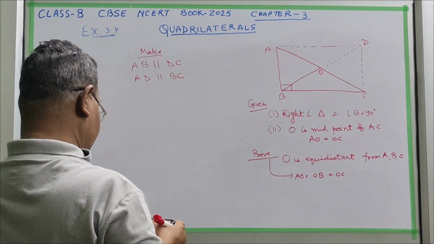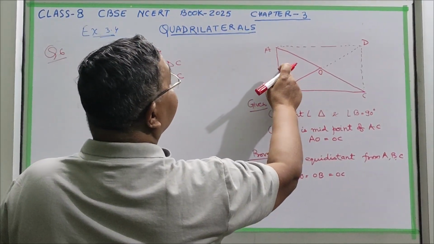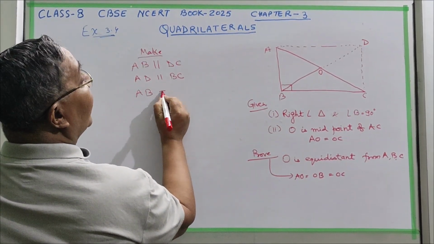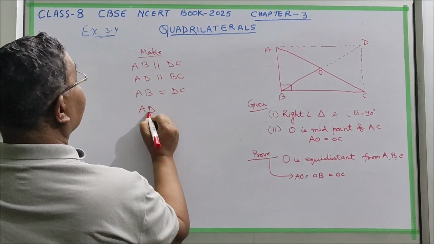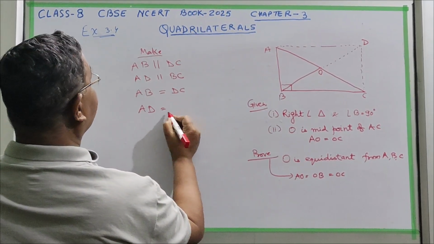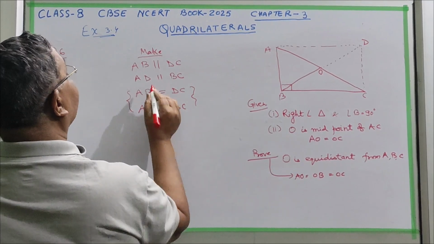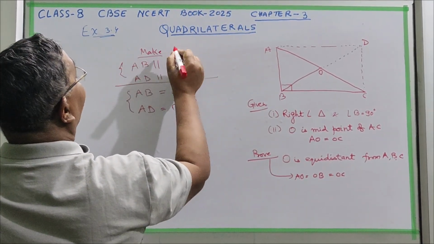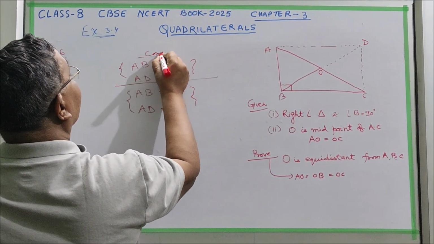Two lines we have drawn. AB is equal to DC and AD is equal to BC. This is one condition. This is the construction you have made.